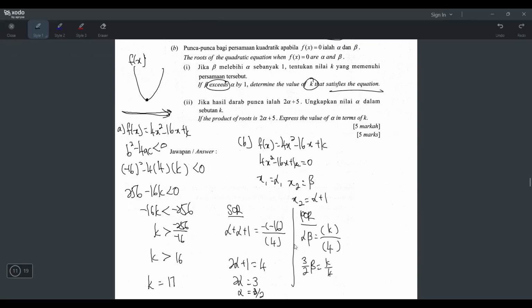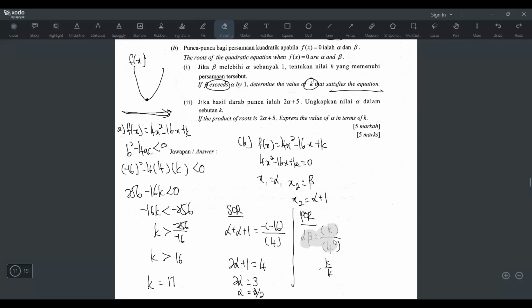And how to find, wait. Alpha beta is 3 over 2 only, right? Wait, did I do something wrong here? Oh, sorry. This one is alpha times beta. But they say beta exceeds alpha by 1, right? So the beta is actually alpha plus 1.